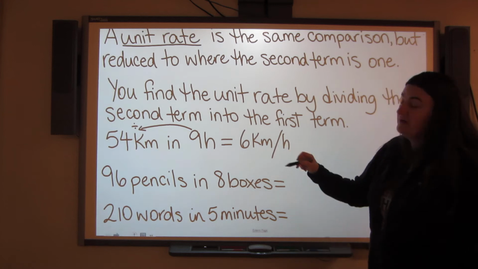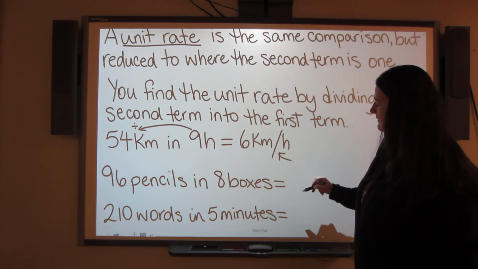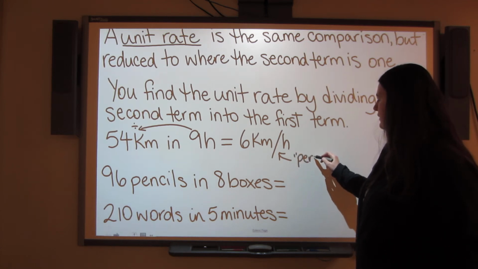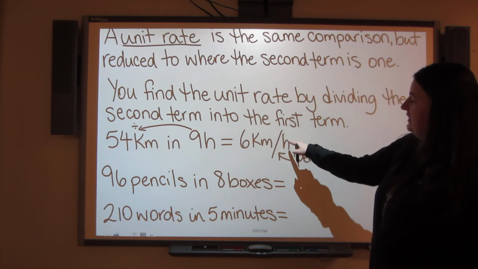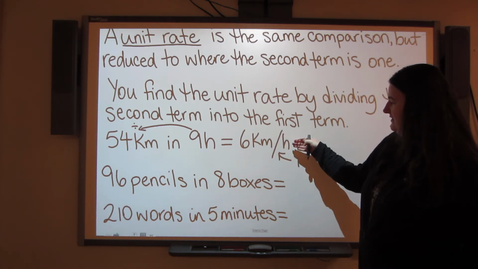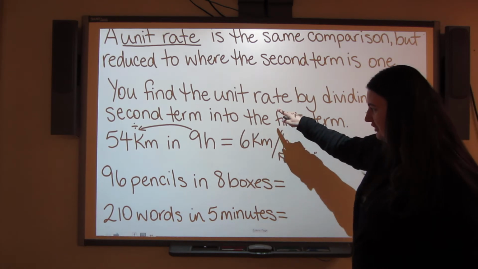And this is what unit rates need to look like. This little line means per. And instead of writing 1 hour, you just write the symbol for hour. And that's how your unit rates should look.